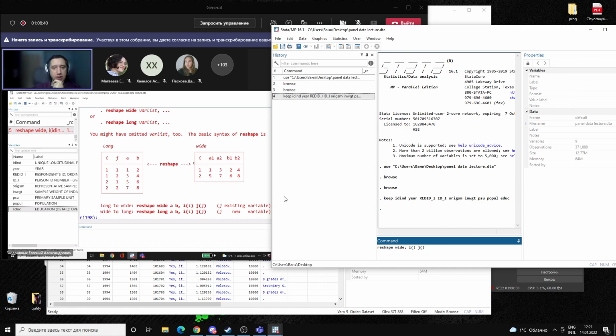It is the individual level dimension. But we have more columns, and each column shows, so for example, there is a variable education, and we will have a lot of education columns, education for 1994, education for 1995, and so on.